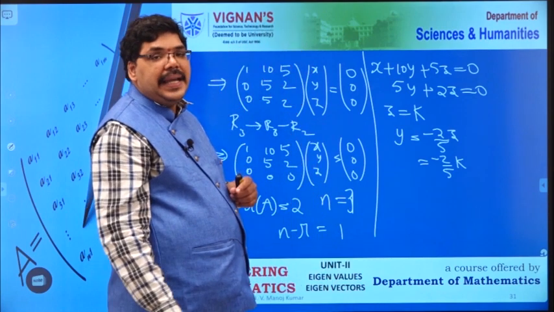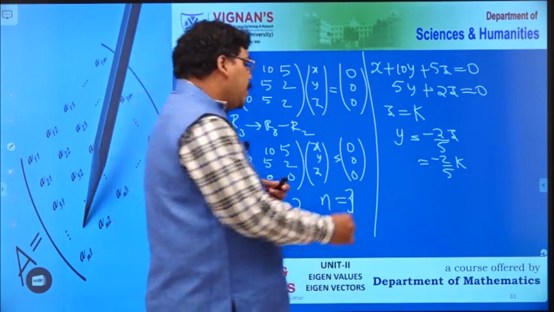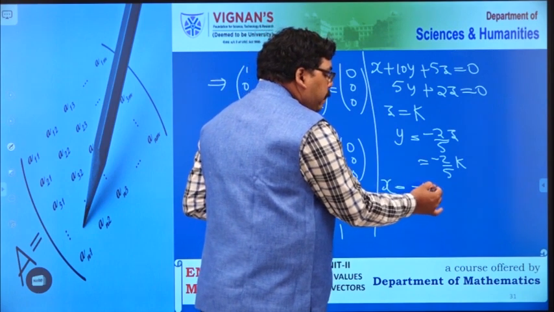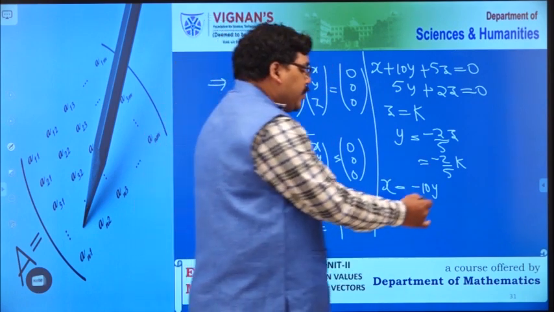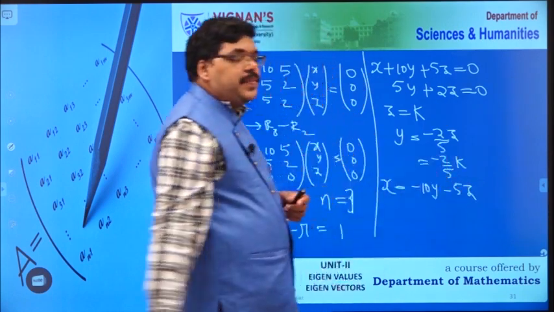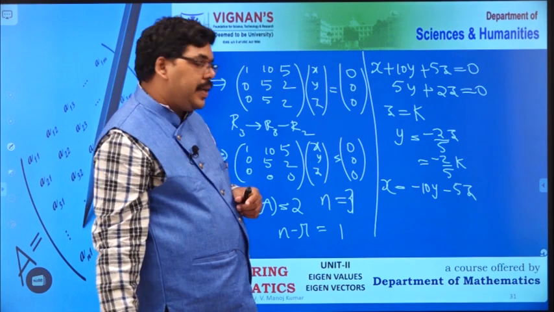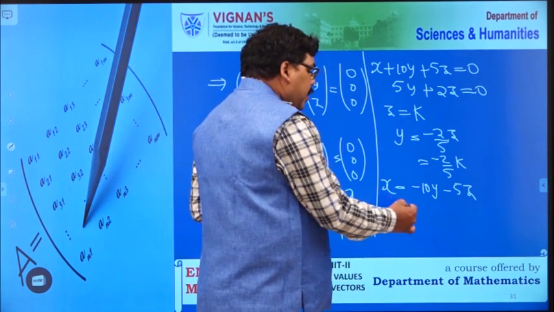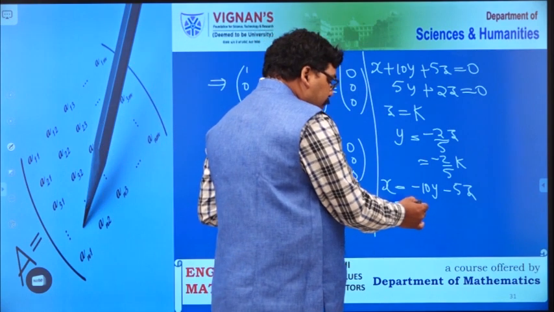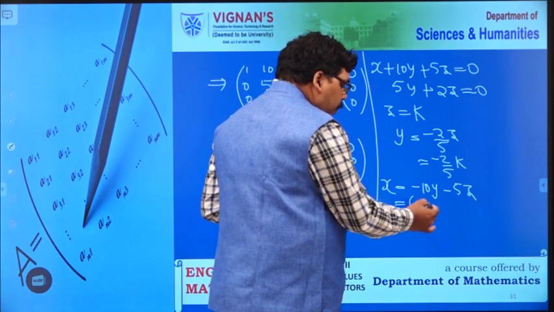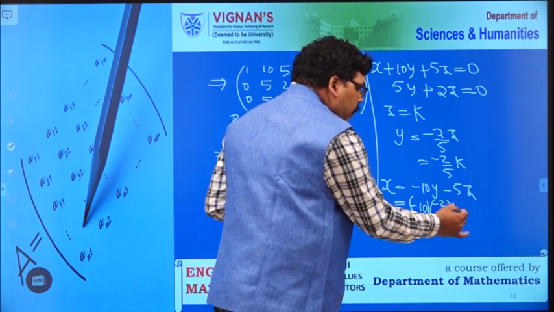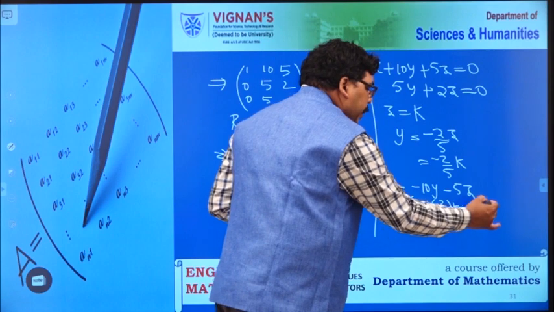Substitute y and z in the first equation. So from the first equation, x becomes minus 10y minus 5z. So substitute there, minus 10 into minus 2 by 5, minus 5k.